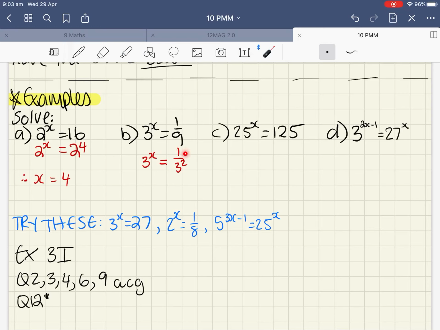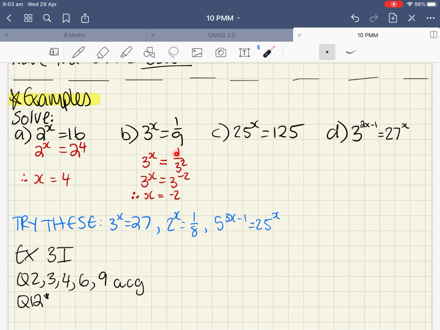But hang on a moment, I can employ my negative index rule to write this whole 1 over 3 squared as 3 to the negative 2. Now we can see if 3 to the x equals 3 to the negative 2, that absolutely has to mean that x equals negative 2.